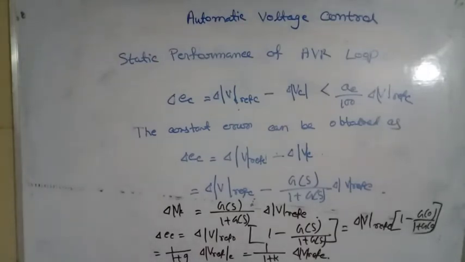Now where G is almost equal to G0, K by 1 plus 0 into T, that is K. Now it is evident that the greater the loop gain K, the lesser the static frequency error.